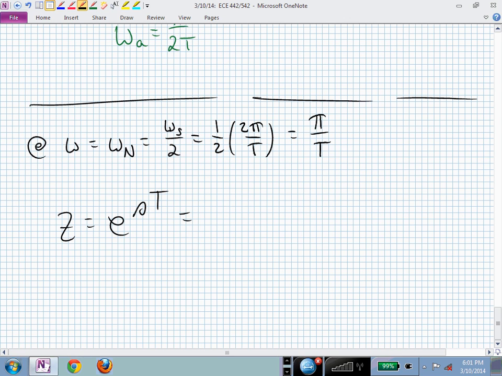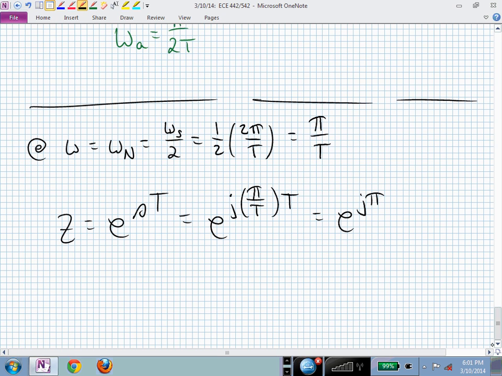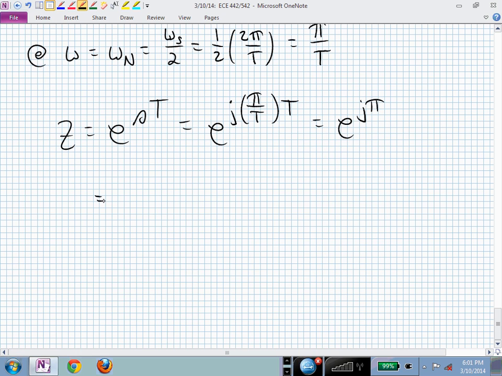If we now use that frequency in here, where does that put us? Where is e to the j pi? What's its magnitude? If we thought of this as a polar number, the magnitude of that is 1. What's the angle?